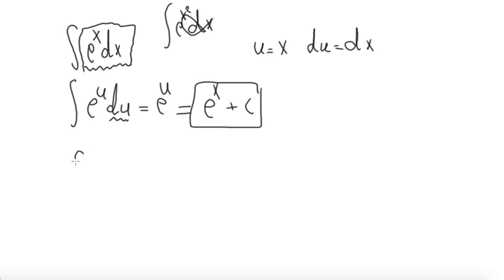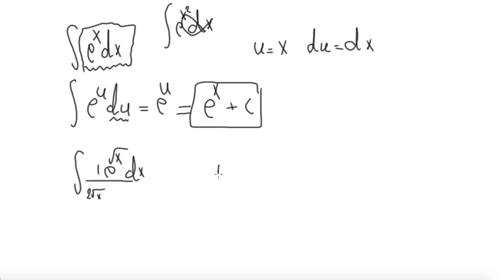Okay, another example is this. I want to put a harder example, I guess: 1 over the square root of x, times e to the square root of x dx. When we have this, the main step is using u substitution.